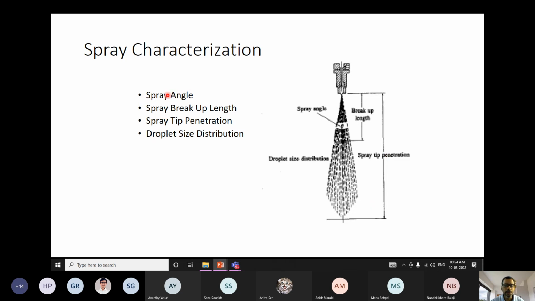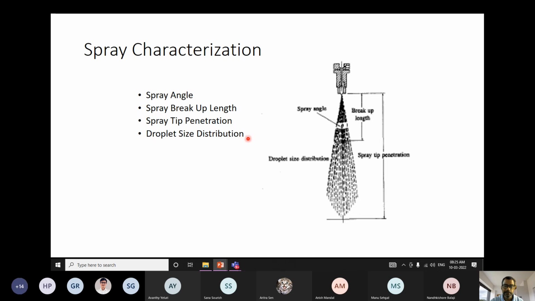All these parameters can be obtained with high speed photography. If you capture images at very high speed, then after taking the images, with image analysis you can find the spray angle, spray breakup length, and spray tip penetration. These parameters are very easy to get with high speed photography.